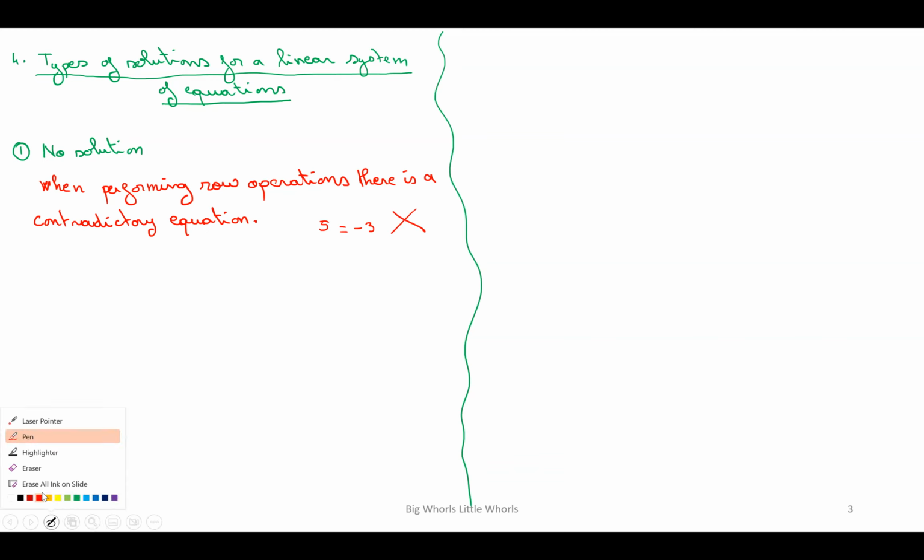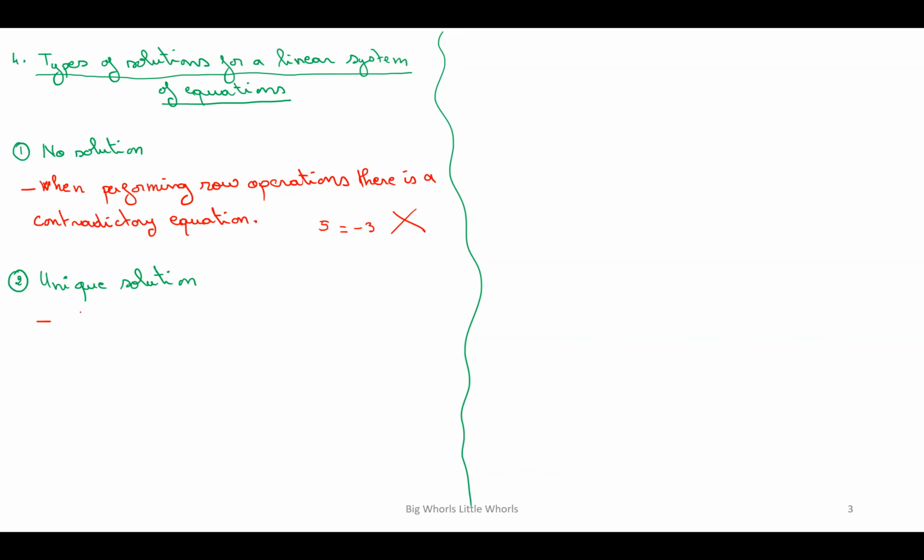Number two, a linear system of equations can have a unique solution. This is what we love the most. So how do you know if a linear system has a unique solution? We have the following two things.